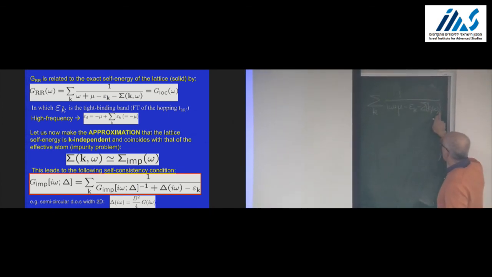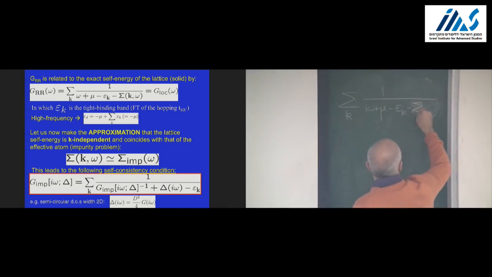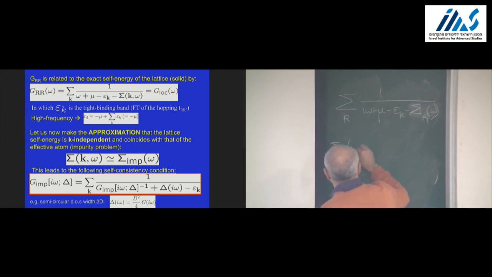Let me now replace this guy by sigma impurity of omega. That's my approximation. And write that sigma impurity of omega is just the difference between the inverse non-interacting Green's function and the inverse interacting Green's function of my local Anderson impurity problem.